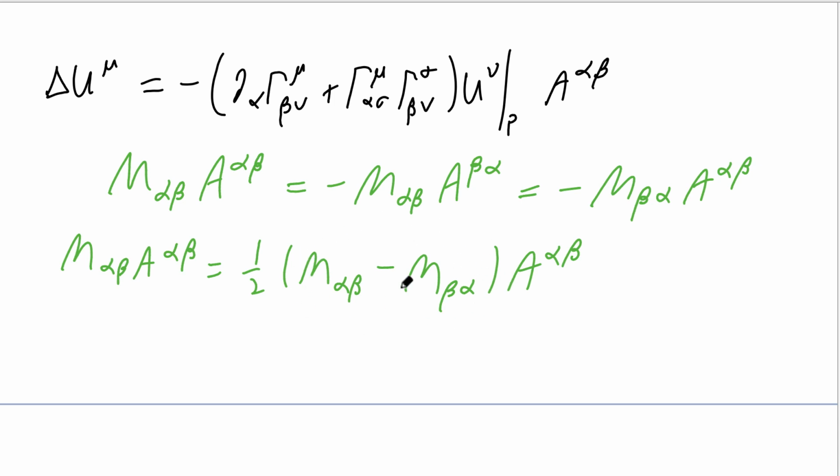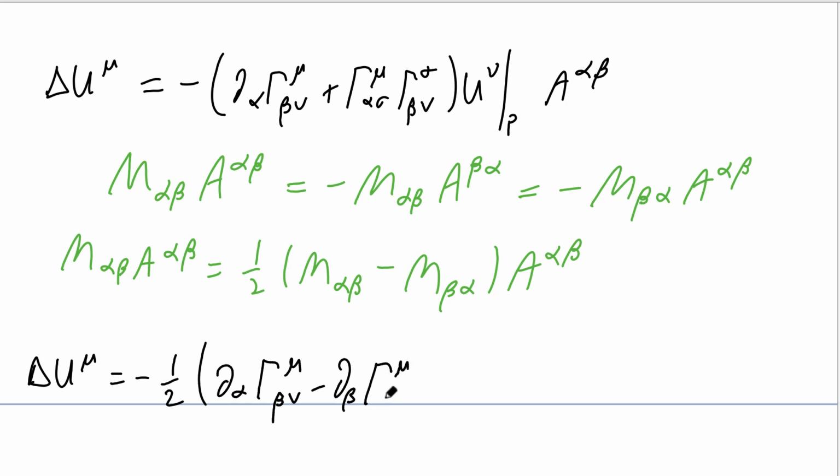In fact, the symmetric part of m is just killed by wiring it together with this antisymmetric tensor A. Now the change in the vector u as it's parallel transported around the loop can be written as minus 1/2, and I'll just take the antisymmetric part of this, partial alpha gamma mu beta nu minus partial beta gamma mu alpha nu plus gamma mu alpha sigma gamma sigma beta nu minus gamma mu beta sigma gamma sigma alpha nu.